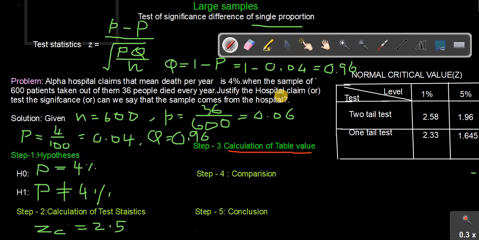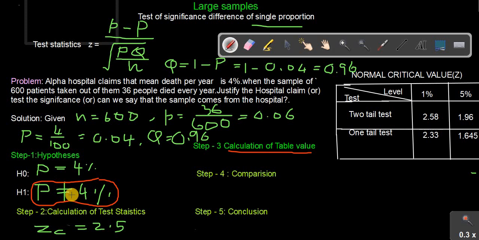But in the question, no level is given to us, at which level the null hypothesis is accepted or rejected. That's not given here. Therefore we can choose our own, and it is a two-tail test. Why? Because of the not equal to.